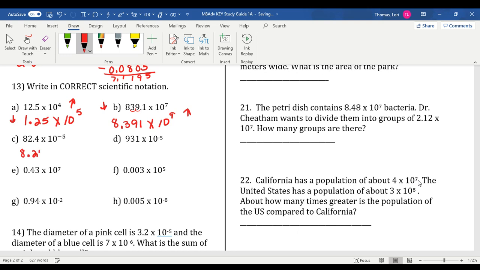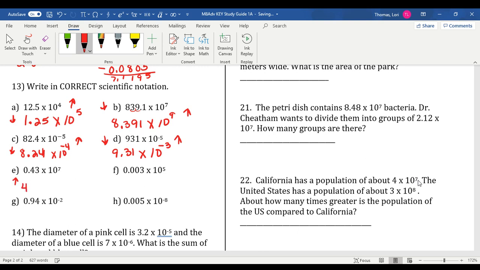Here I have 8.24. I went down, and now we need to increase over on the right. We just moved the decimal once, so I'm going to go up to -4. Here I'm moving the decimal 2 times, 9.31. So I went down twice. So I'm going to go up twice here. So that puts it at -3.